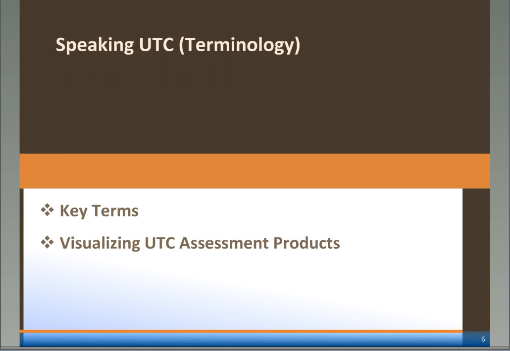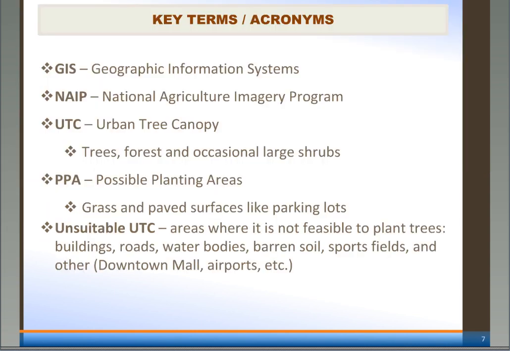But it's not always in the forefront of others' minds, so that's what I want to start with, helping to visualize what some of the products and outcomes from an urban tree canopy assessment look like, and how you can have direct control over what that might be if you were going to move forward with this data and do more with it.